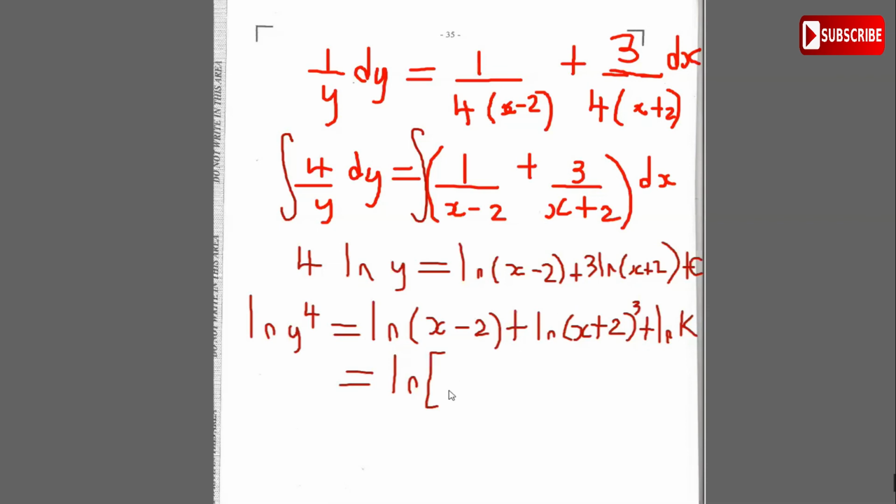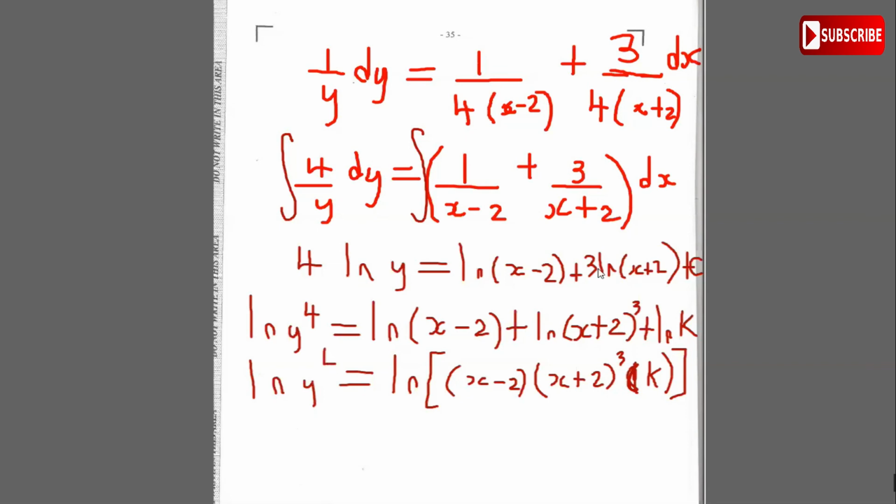So this is now just a log of x minus 2 times x plus 2 cubed, times k. So now that I have everything as 1 log on that side, and that's ln y to the 4.